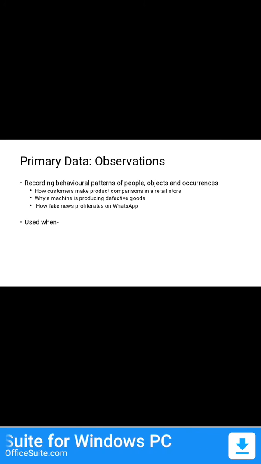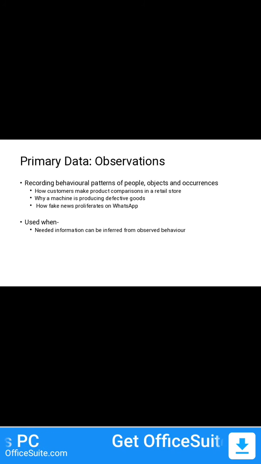Now let us take an example where you can use or where you cannot use observations. See, you can use observations when the needed information can be inferred from the observed behavior. You can come to a conclusion regarding something from the behavior that somebody is displaying. Okay, I'll give an example.